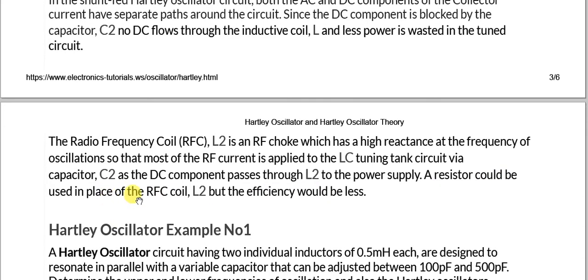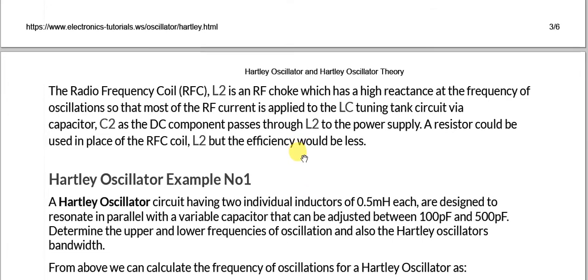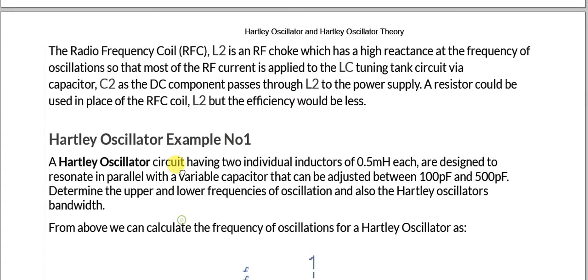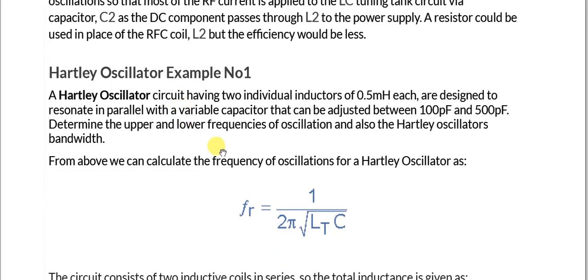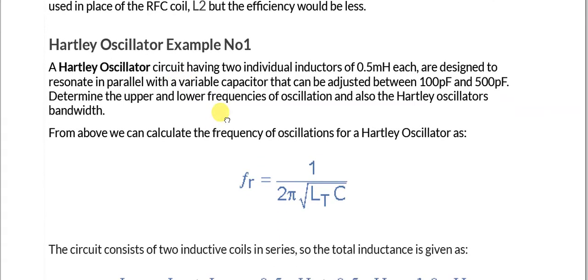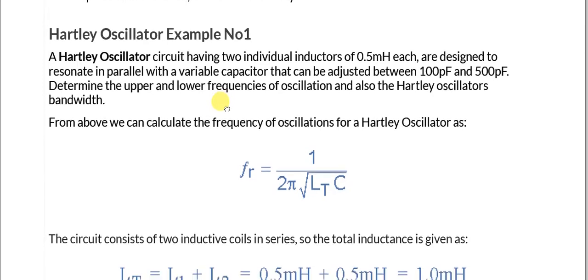Now for the Hartley oscillator, a very simple numerical example. Example number 1: a Hartley oscillator circuit having two individual inductors of 0.5 millihenry is designed to resonate in parallel with a variable capacitor that can be adjusted from 100 picofarad to 500 picofarad.